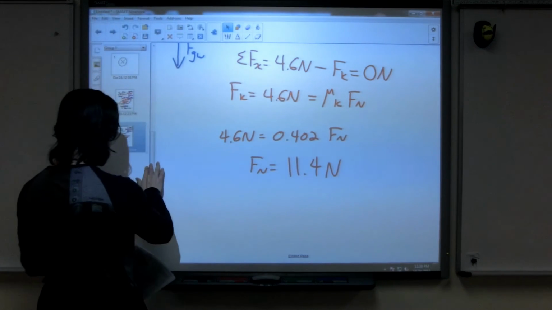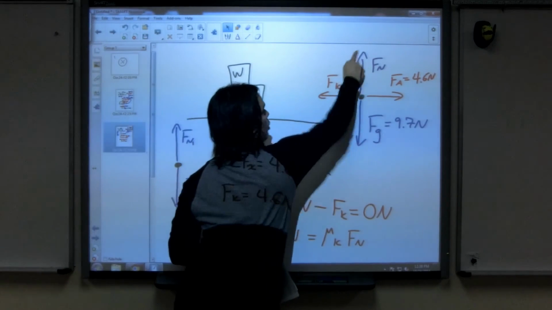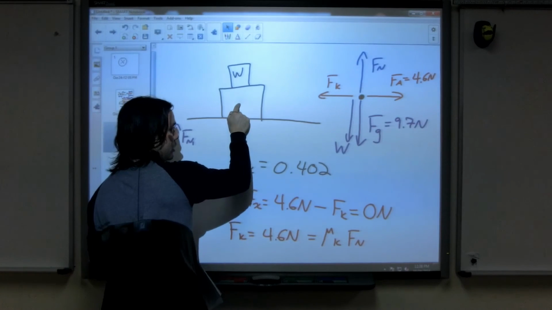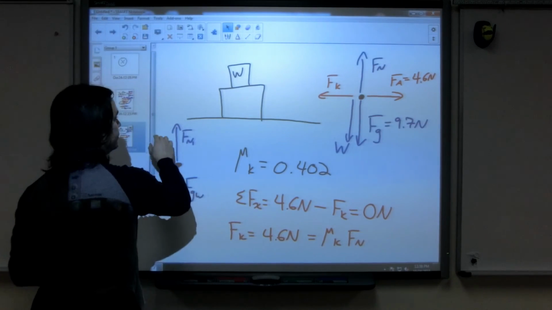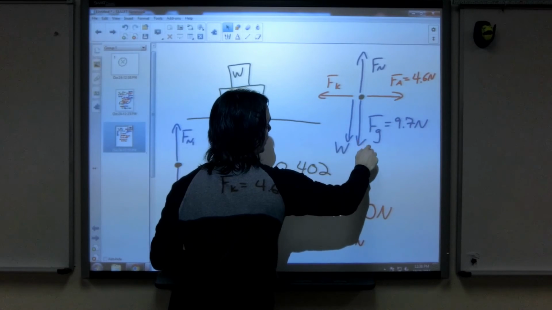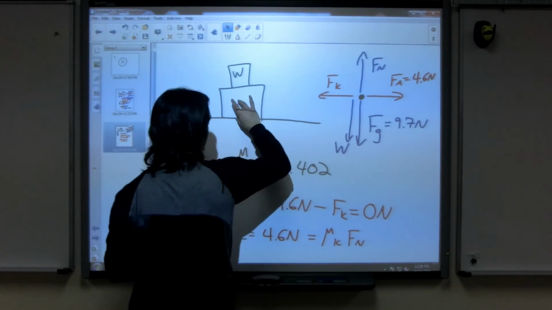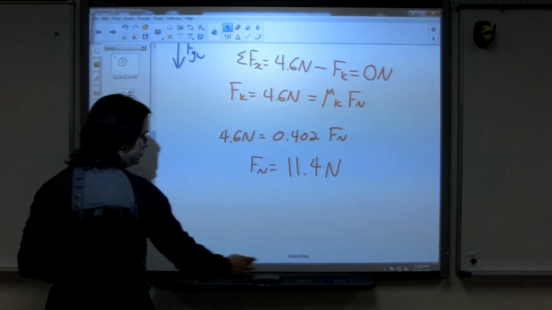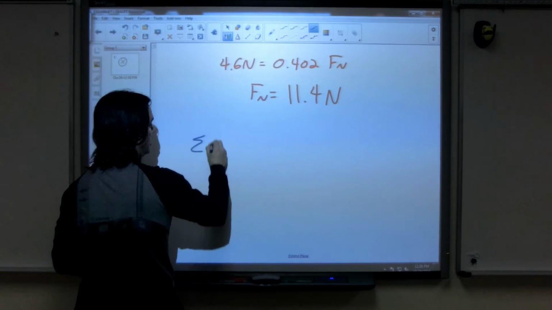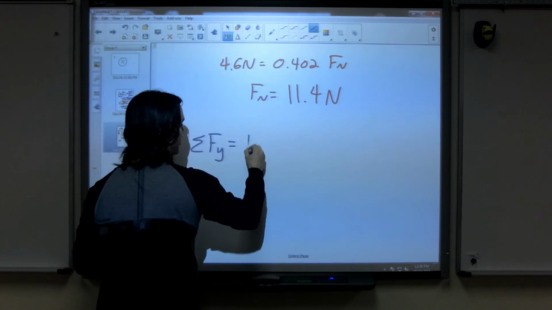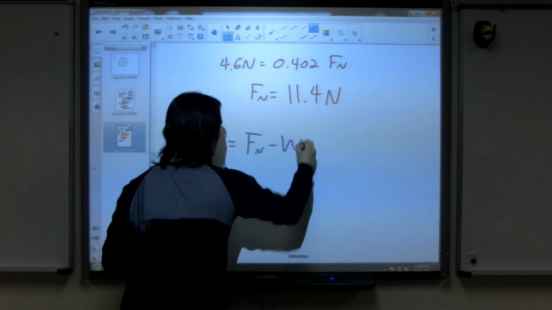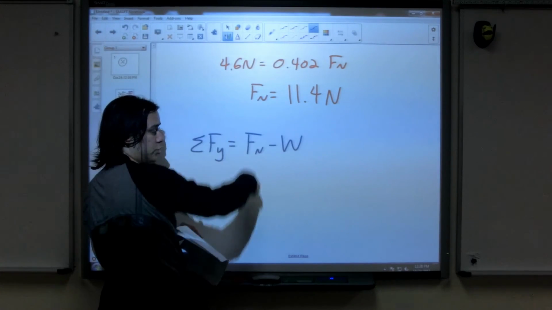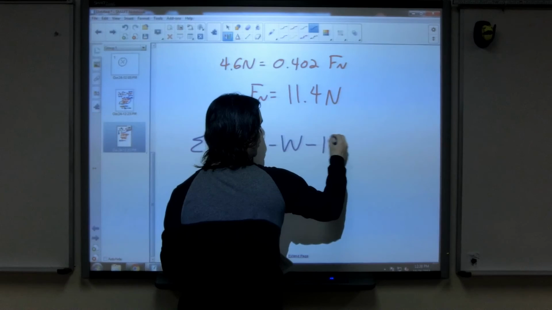This is the new normal force that is supporting both blocks, but it's the normal force between the lower block and the ground. So this is an accurate free body diagram. We now know the normal force because that's what's pushing these two together. So I'm going to apply Newton's second law in the y direction. Sum of forces in the y equals my normal force minus the normal force from the upper block, block W, pushing down, minus the force of gravity.